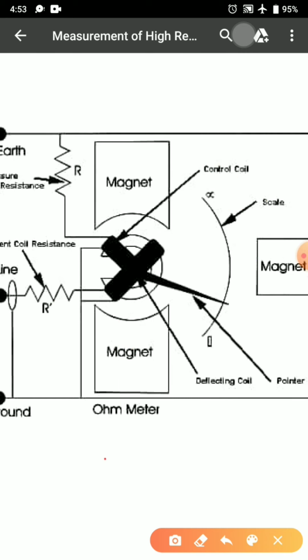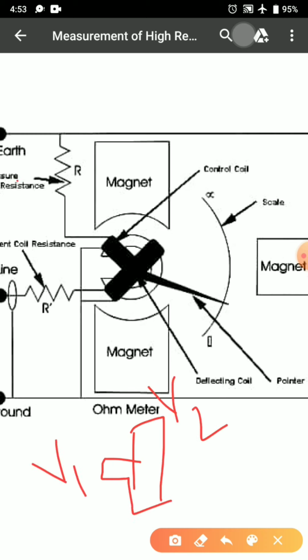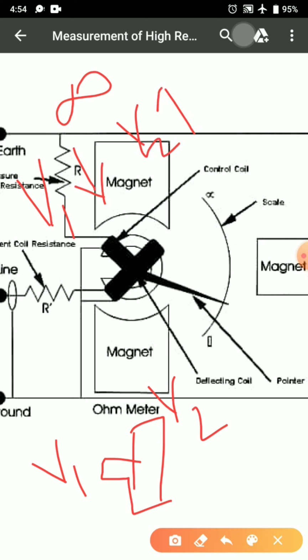Now considering the second coil, we can see that it is exactly opposite. When V1 is at its weakest position, V2 is at its strongest position. So when the pointer is at infinity, V1 has the weakest field while V2 has the strongest field.